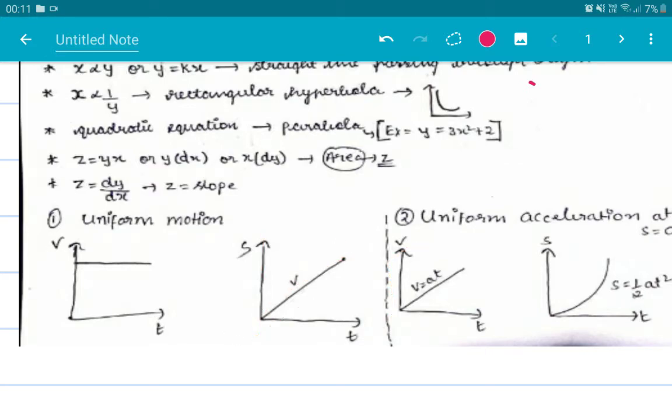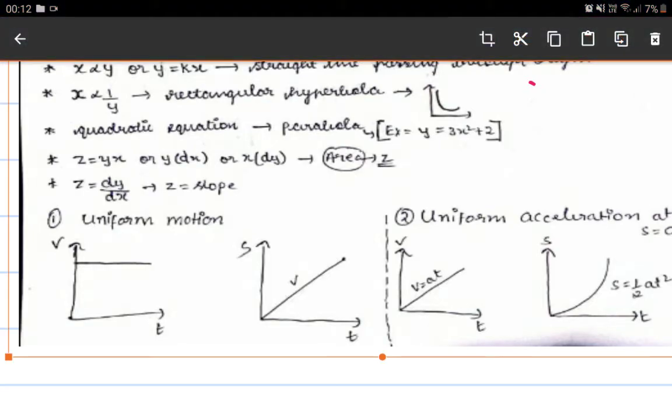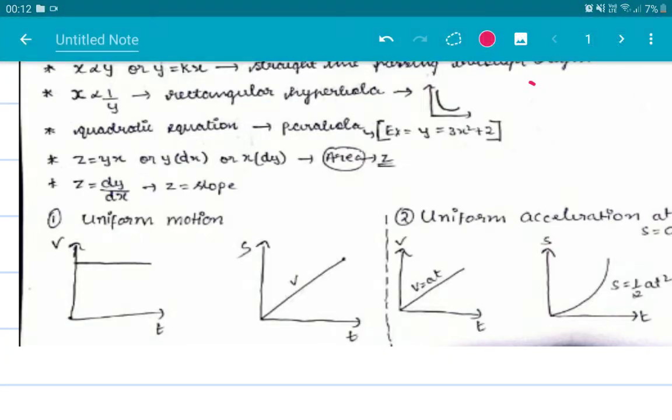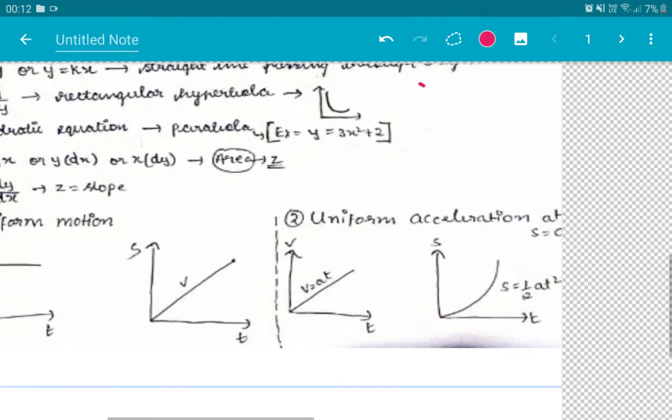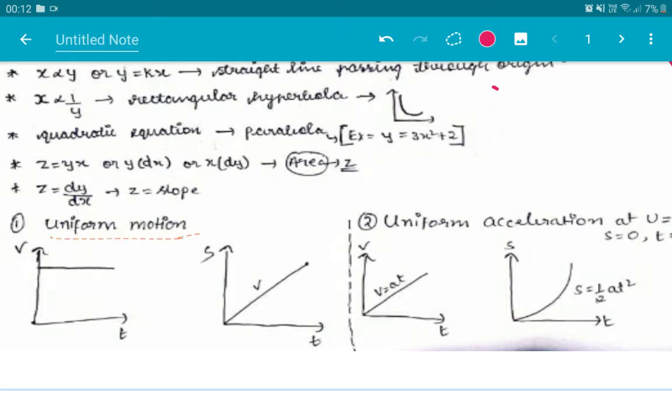This graph also represents equal intervals of time. But in this graph the velocity remains constant even though time increases. And this graph represents the velocity increasing by a constant amount with time. So this is headed with uniform motion, and that's what it represents.